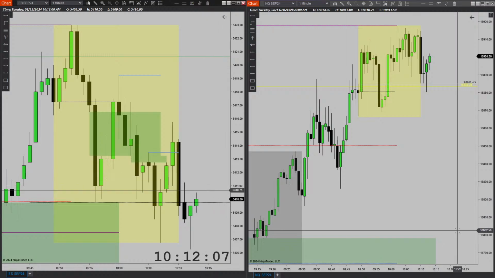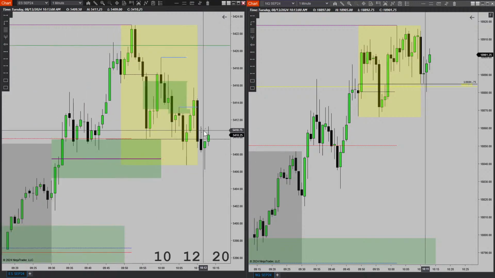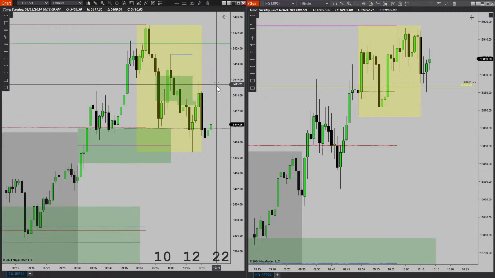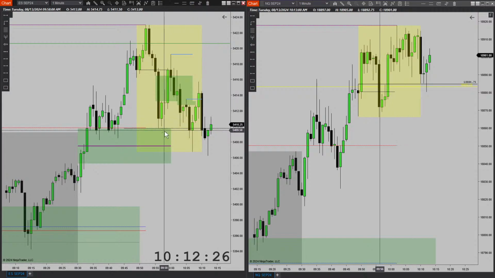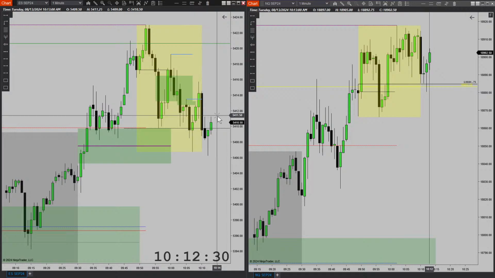We got immediate rebalances. This could be a 3-drive pattern. So I don't want any flat top up close candles.